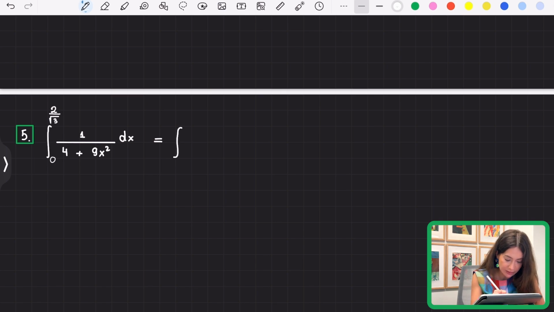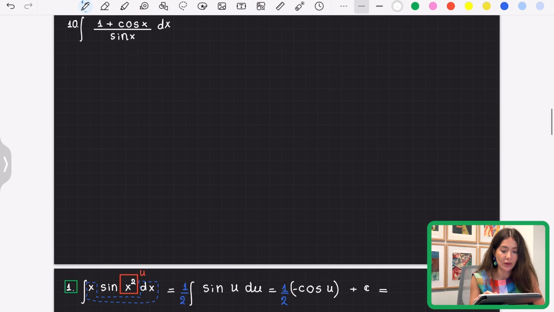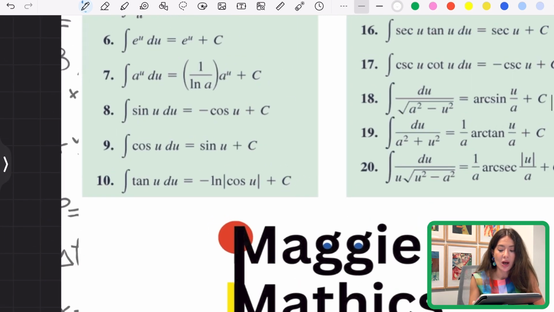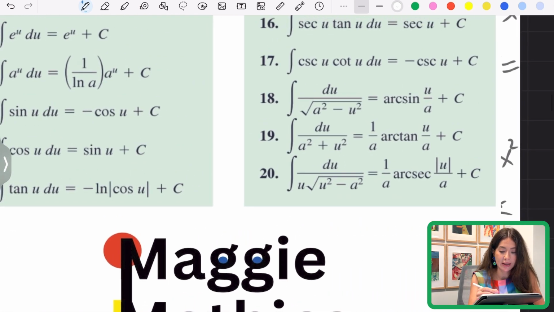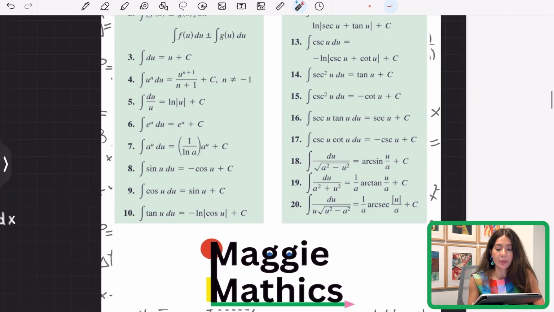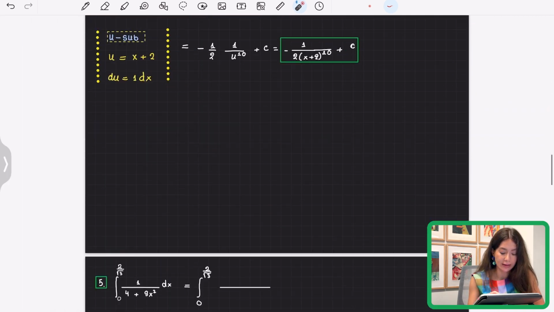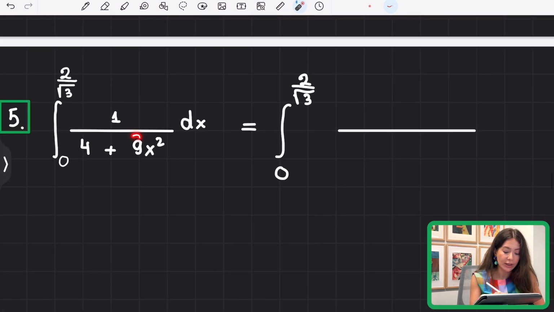So here, this integral needs to be rewritten because it does not match any of the basic rules for integration just yet. So this does look quite similar to arctangent, inverse tan, right? However, there is no constant here. There is a constant squared in the formula, but the variable part doesn't have anything there in the formula. But in our case, it does.